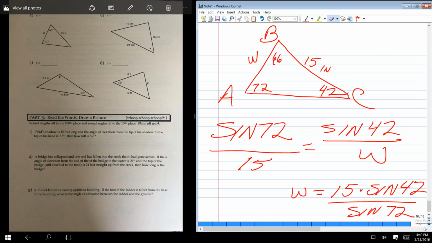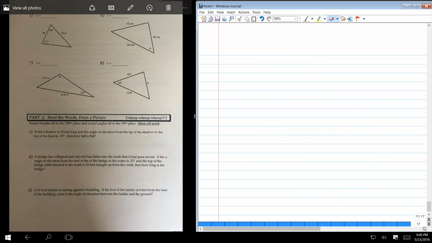Now, as long as we're talking law of sines, let's do number 7 at the same time. So what's the equation going to be for number 7 in order to solve for y? Sine of 25 over 6.5 equals sine of y over 14.5.